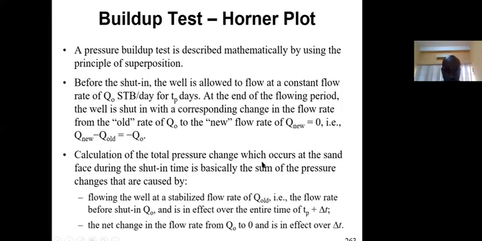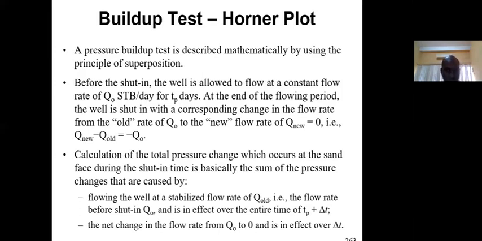Now, recall that I'm going over what we've done before. In the slides I mentioned that the build-up test is made up of two flow periods. So you have a drawdown period, and then you have a shut-in period. And that brings in the principle of superposition.